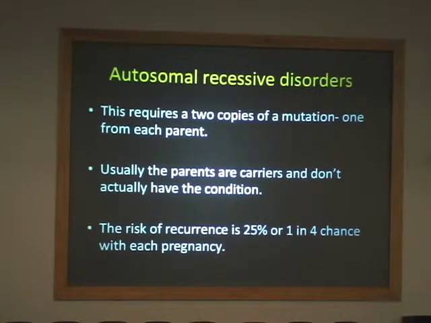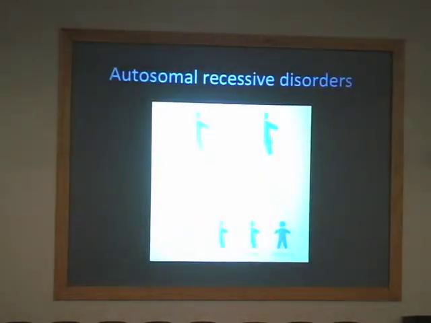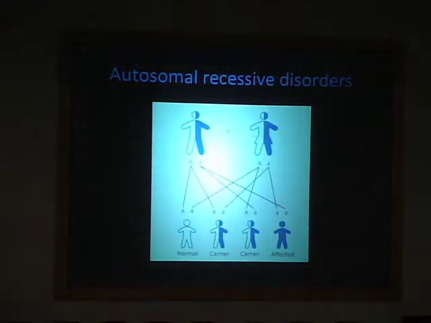In autosomal recessive, it's a little less transparent, because you need 2 copies of the gene change, one from each parent, to get the condition. People don't always know that they're carriers for the condition. But there's a 25%, or 1 in 4, chance with each pregnancy of passing the condition on. Here we show 2 parents who are each carriers but don't show the disease condition.